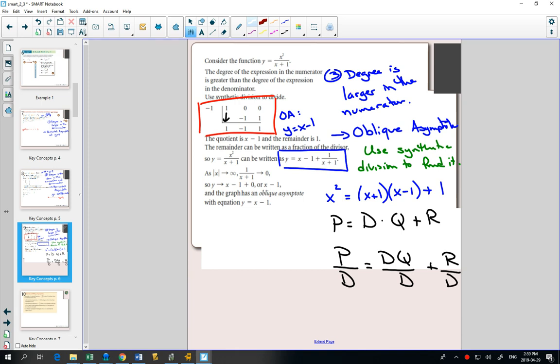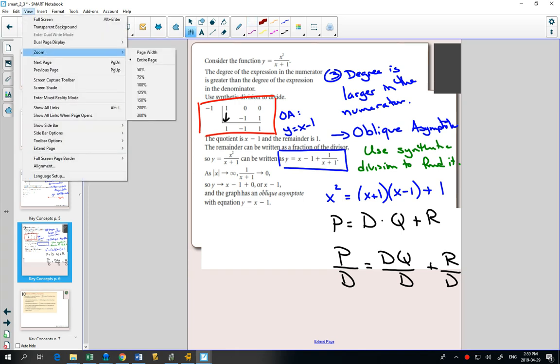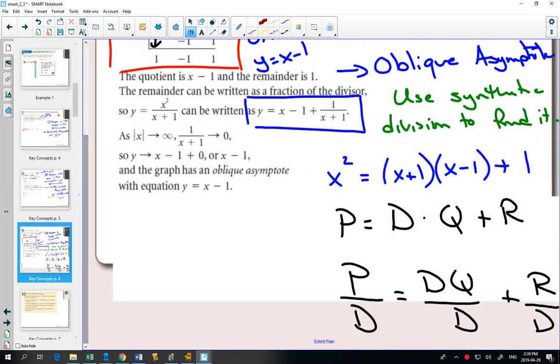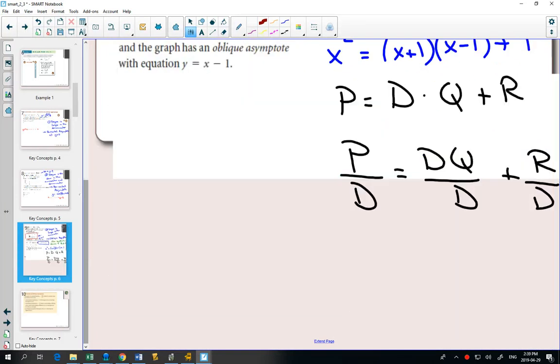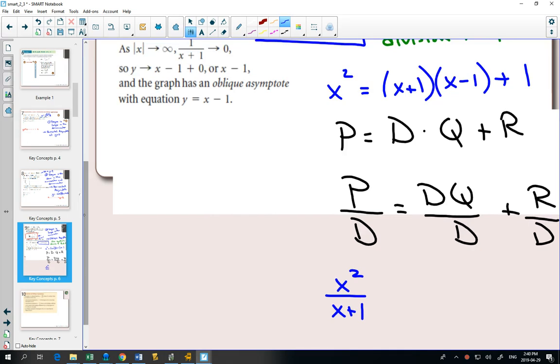The reason this is important is because now I can rewrite my original equation was x squared over x plus 1, right? Because x plus 1 is my divisor. And here, the x plus 1s would go away. So I would get equal to just x minus 1 plus my remainder is 1 over x plus 1.